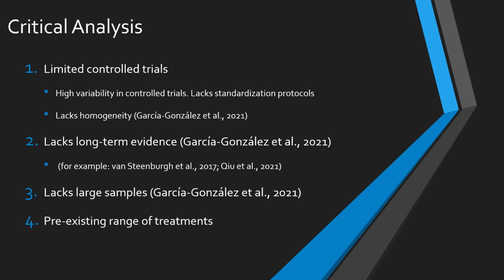Thirdly, there is currently a lack of large sample sizes. Now, this may be due to the fact that it is difficult to gather a large range of individuals with autism for experiments of TDCS, especially after exclusion criteria is met. There may be ethical concerns for such things preventing sample sizes from increasing.